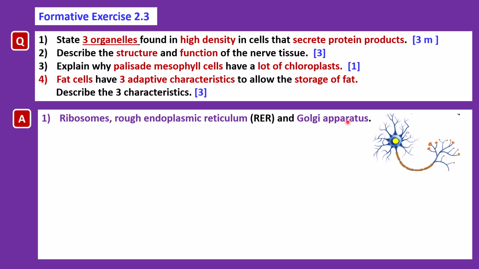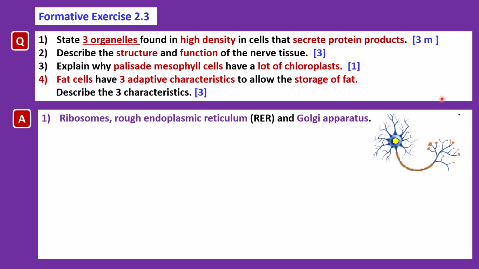Next, the Golgi apparatus modifies the proteins to form protein products like enzymes and hormones. Then it packages the modified proteins in secretory vesicles. Secretory vesicles move to the plasma membrane and secrete the proteins out of the cell.